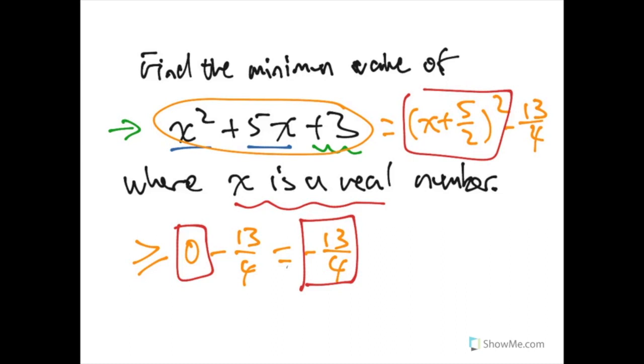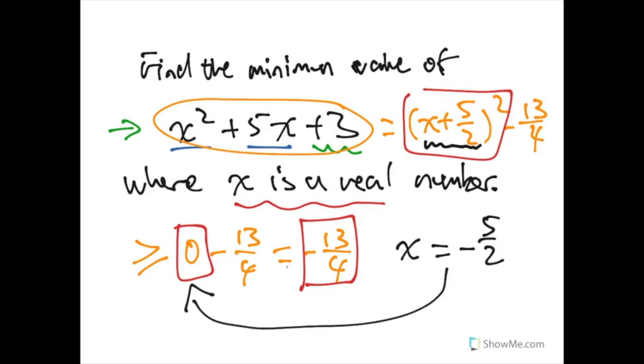Because if we have x plus 5 over 2 in here, we know that when we plug x equals negative 5 over 2 into this quadratic expression, we're going to get this square equal to 0. And so this is a really easy method to see the minimum value and to show that this minimum value is actually achievable for a certain value of x.